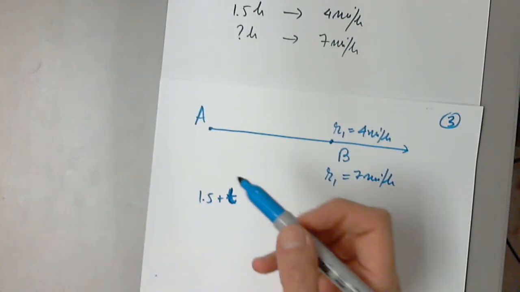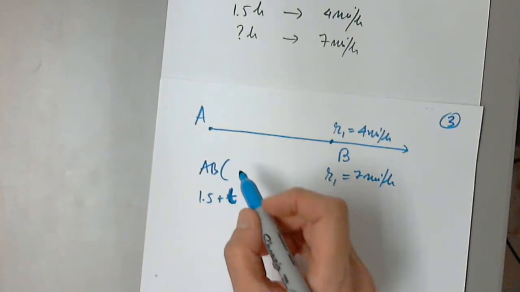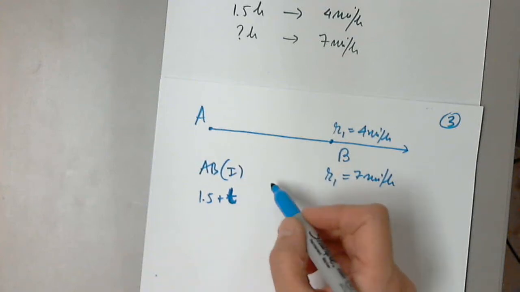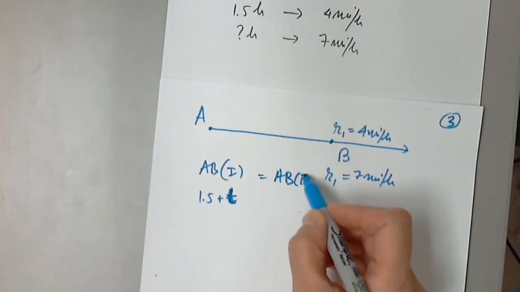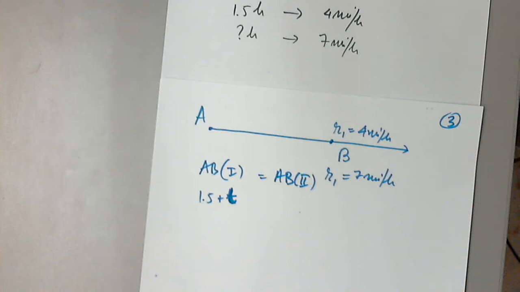Obviously the distance AB by the first person must equal the distance AB by the second person. They have to cover the same distance. They both started at point A, but one of them has a head start of an hour and a half. It doesn't matter when they start, both of them have to cover distance AB.